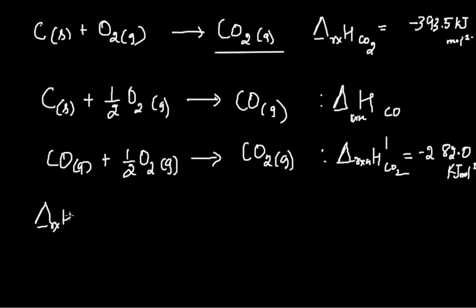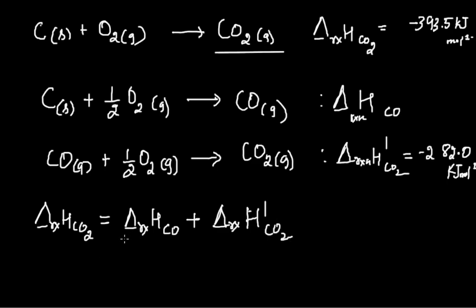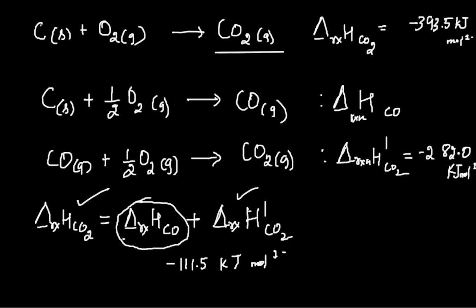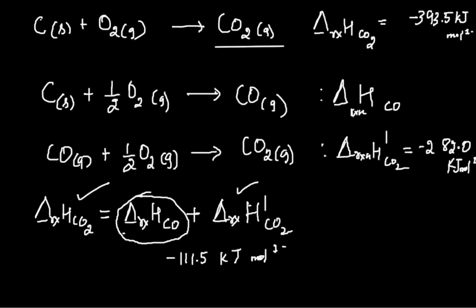Delta H reaction for carbon dioxide should be equal to delta H reaction for carbon monoxide plus this reaction. Since we know this and this, the remaining value can be calculated, and it is found to be minus 111.5 kilojoules per mole. This is one application of Hess's law of constant heat summation.